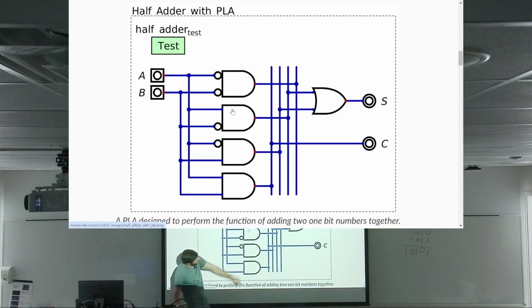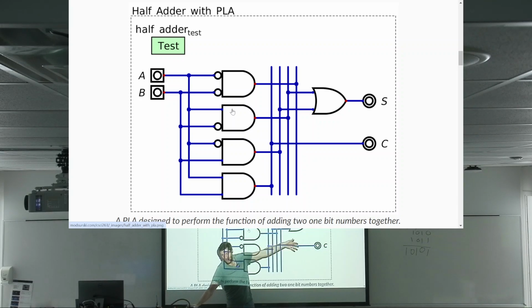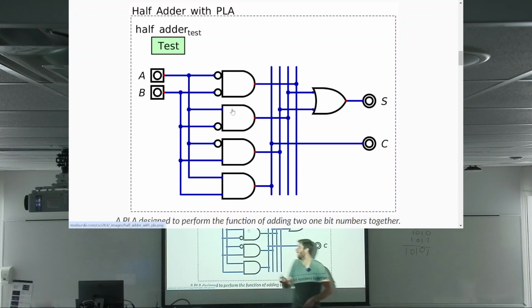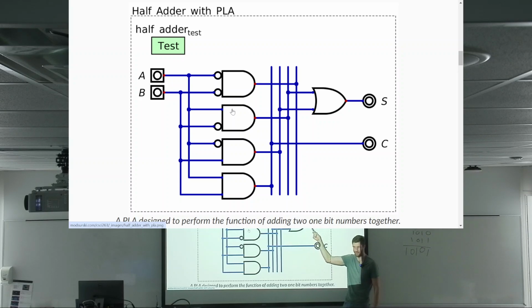An array of AND gates and an array of OR gates. There's only one, because only one different pair of combinations do I care about for S. I don't need an OR gate when there's only one thing going to the output, right? Remember, the point of the OR gate was to make it so that you wouldn't have two outputs high on a single line at a time. If I only ever have one line going out, I don't have to worry about that, so there's no OR gate there.